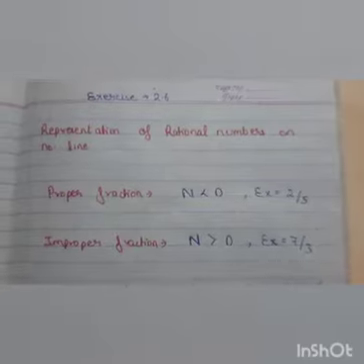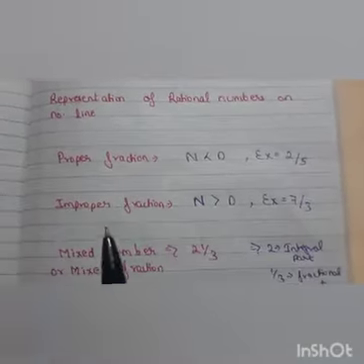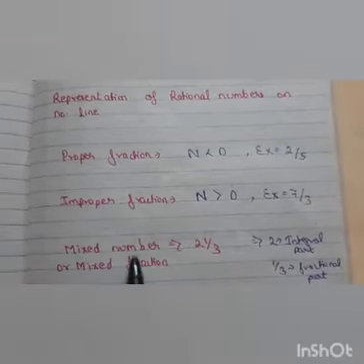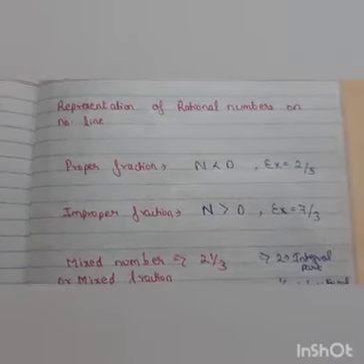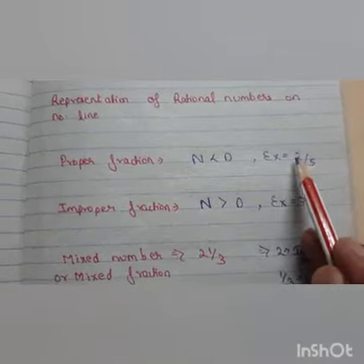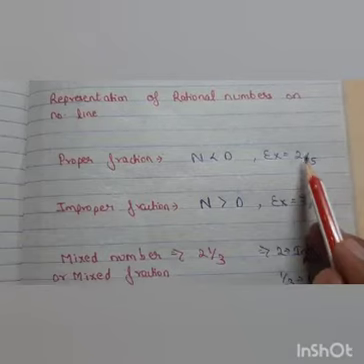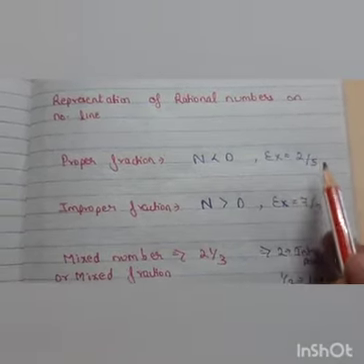Now for representing a fraction on a number line, first you need to understand three types of fraction, that is proper fraction, improper fraction and mixed fraction. In simple terms, proper fractions are the fractions where the numerator value is less than the denominator value. The numerator is smaller than the denominator, its value is less.